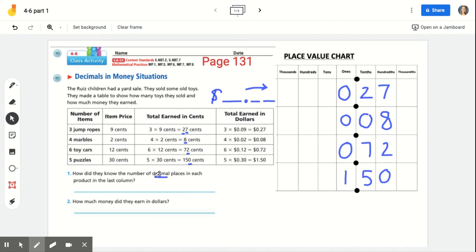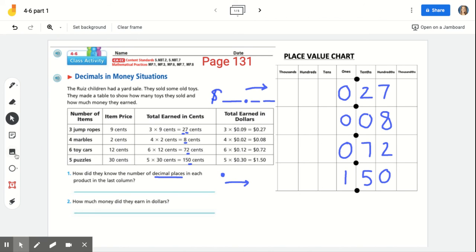So underline decimal places. On the side, let's draw out a decimal and then an arrow to represent how many places after the decimal, or to the right of the decimal.